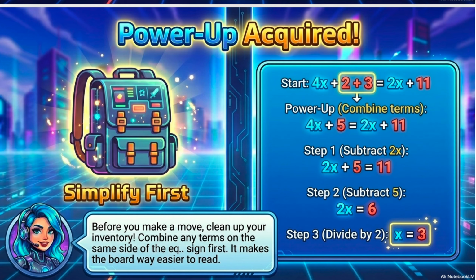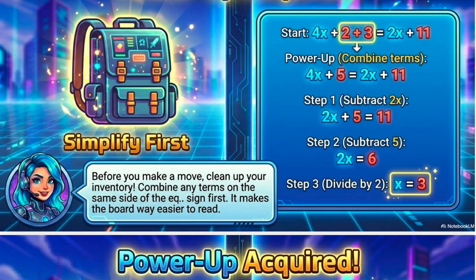Now I solve like normal. Subtract 2x from both sides to get 2x plus 5 equals 11. Then subtract 5 to get 2x equals 6. Then divide by 2 and I get x equals 3. So before solving, always check if there's anything that you can simplify first.